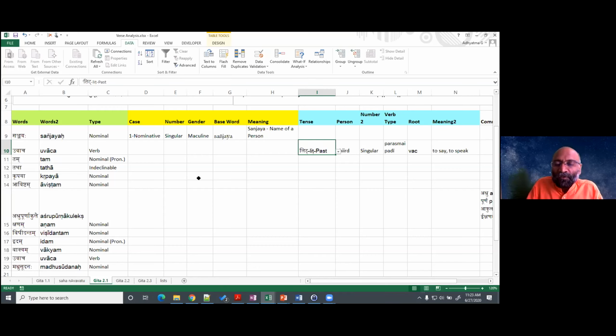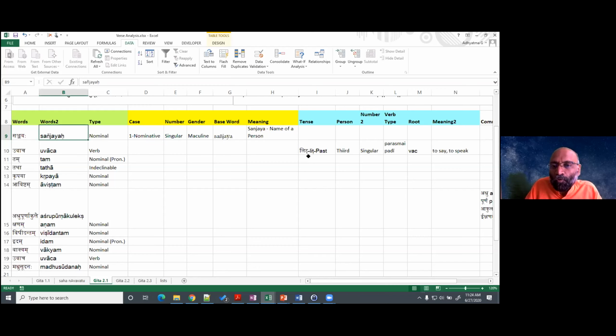When you identify a verb form, then you have to identify who is the doer of that verb. The verb represents the action. Even if it's an action of standing, sitting, or sleeping, it's still considered a verb, an action, in Sanskrit. And there should be a subject, the doer of that action. So here uvacha is the verb form, and now who is the subject? Sanjaya is the subject.